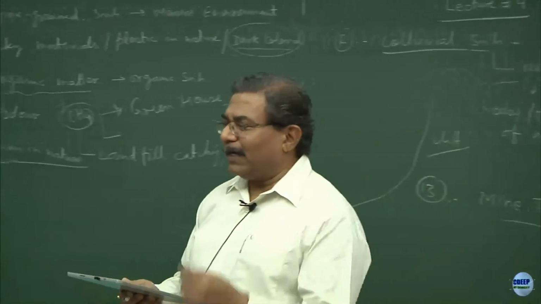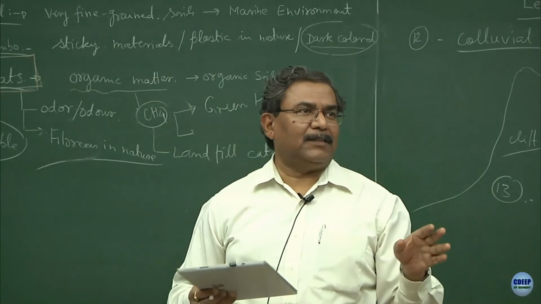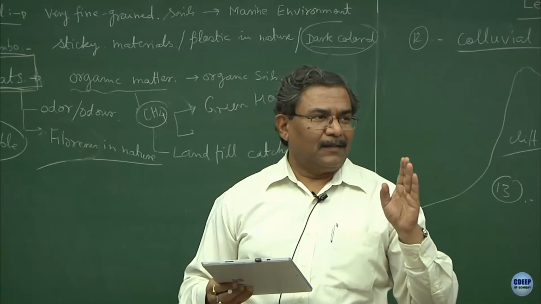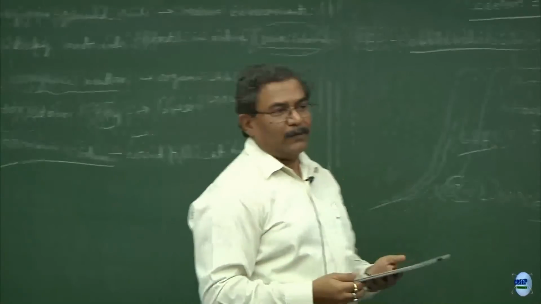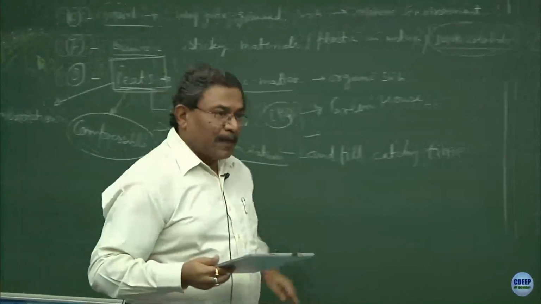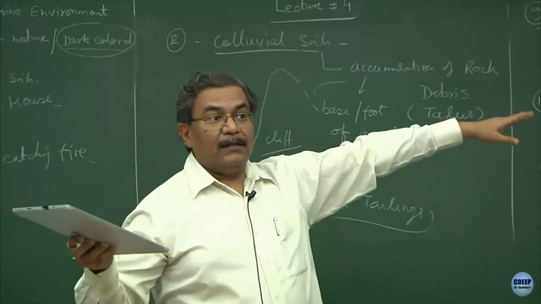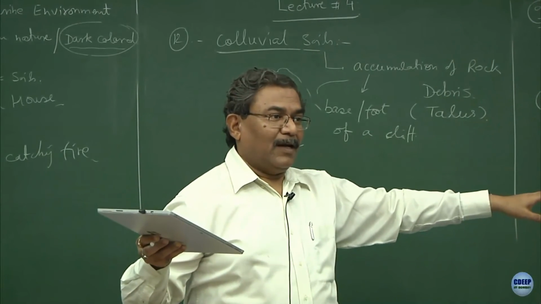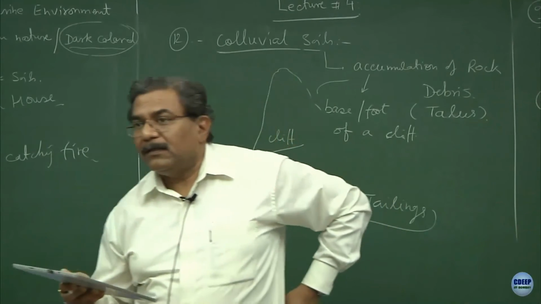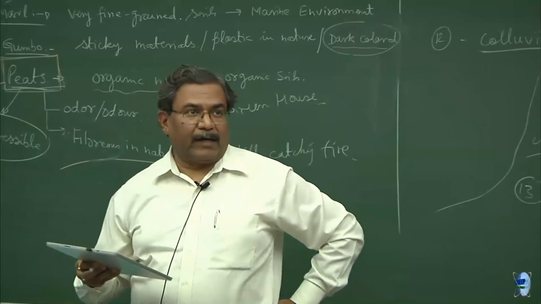What I am trying to hint at is that most of the mining activities and thermal power plants are in the vicinity of Jamshedpur. So, what you see when you pass by the railway track is that both sides of the track have huge dumps, and some of these dumps might be having fire.